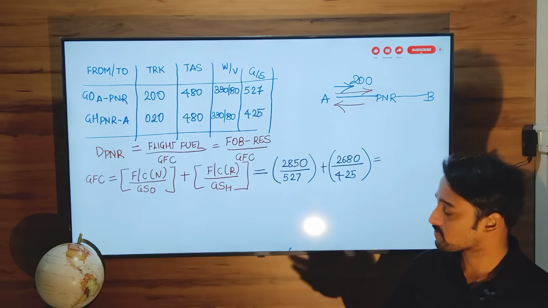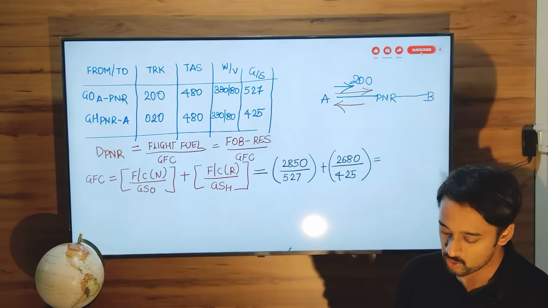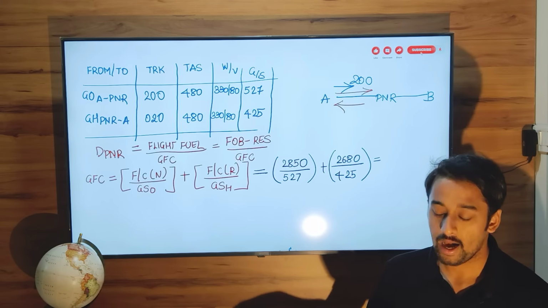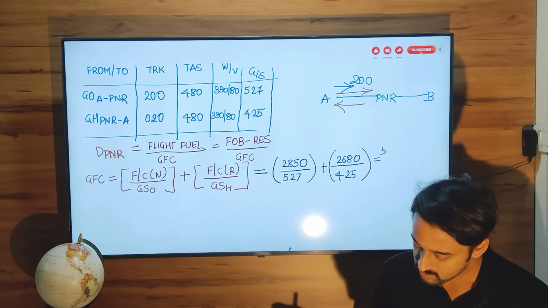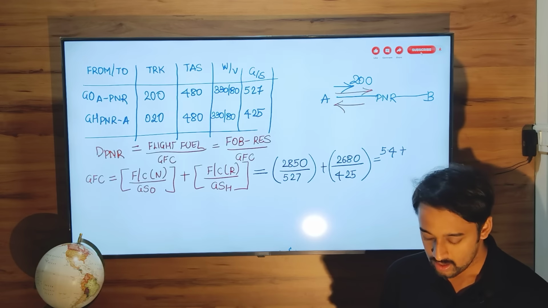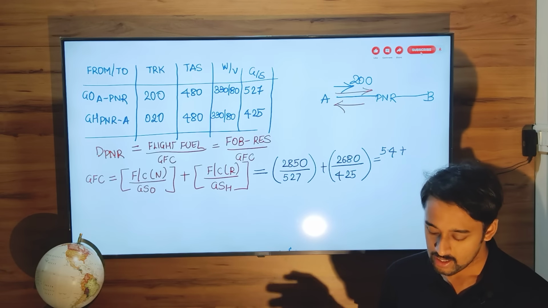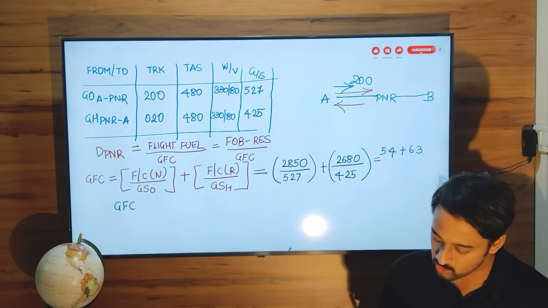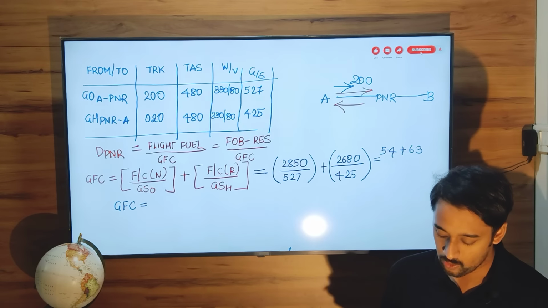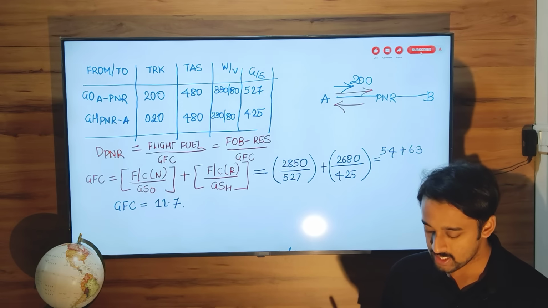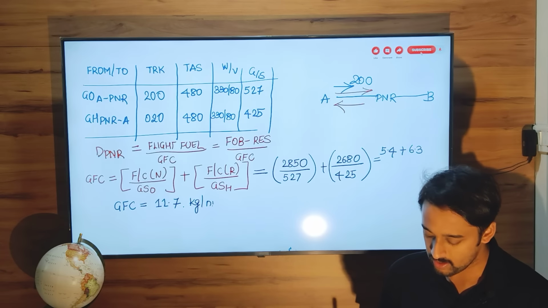So that will be equal to 2850 divided by 527 is 5.4, plus 2680 divided by 425 is 6.3. So gross fuel consumption is equal to 5.4 plus 6.3, which is 11.7 kilograms per nautical mile.